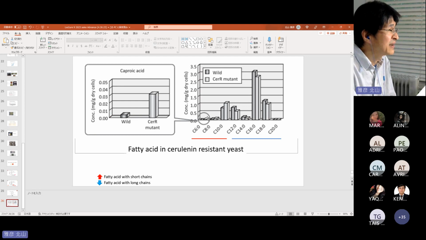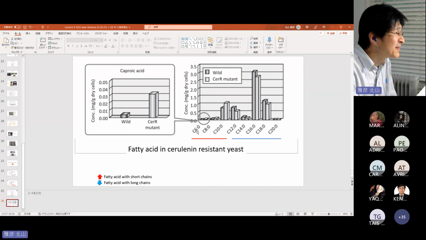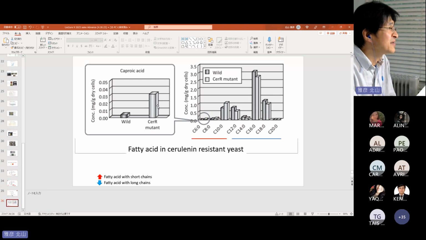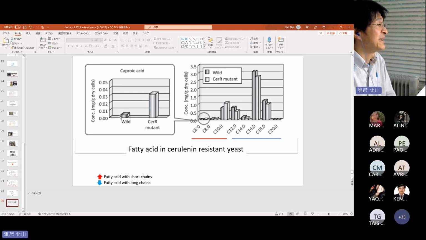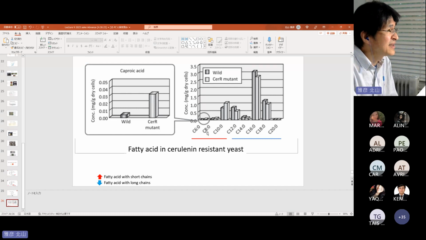If you take a look at carbon 6, the cerulenin resistant mutant has more C6 fatty acid than the wild type yeast. And C8 also, the cerulenin resistant mutant makes more.